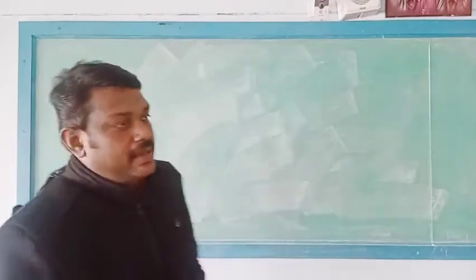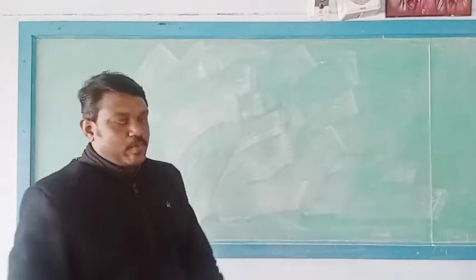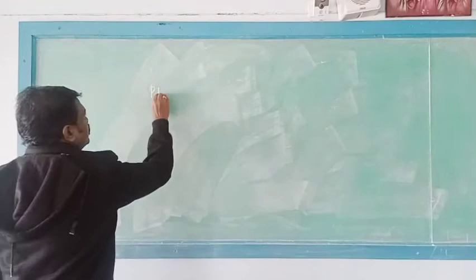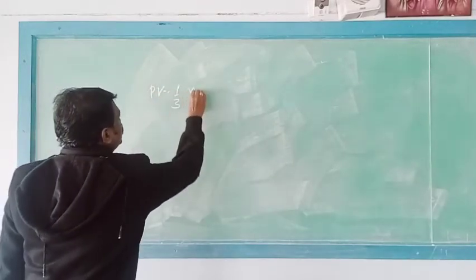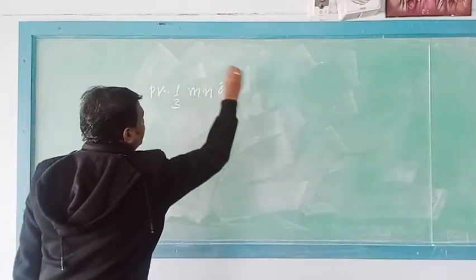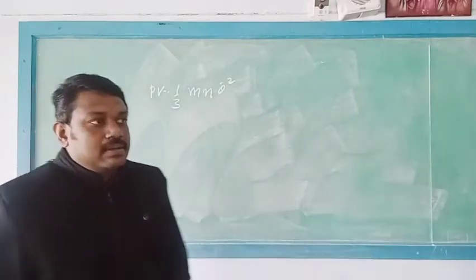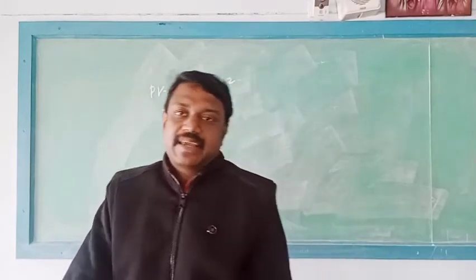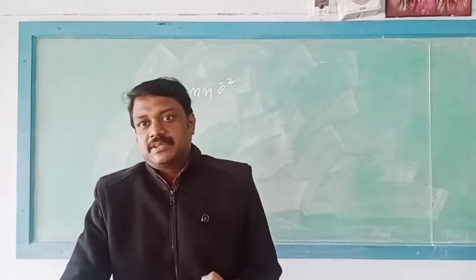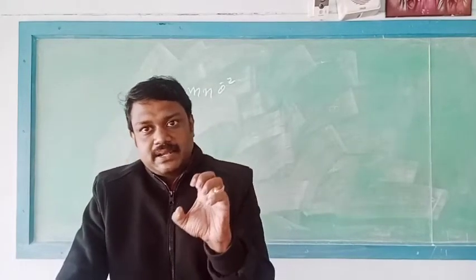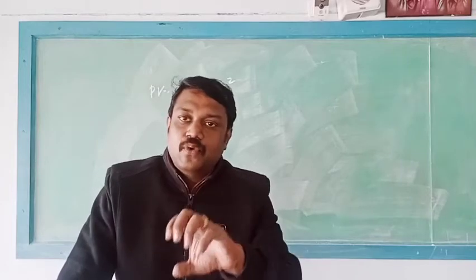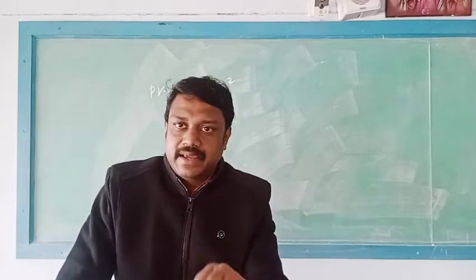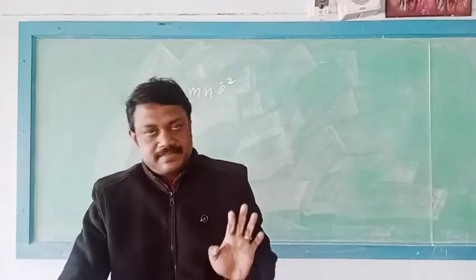Again, from the same equation, PV is equal to 1 by 3 into m N v average square. Now we are having two different gases at the same temperature and pressure. At the same temperature and pressure, equal volumes of different gases contain equal numbers of particles.